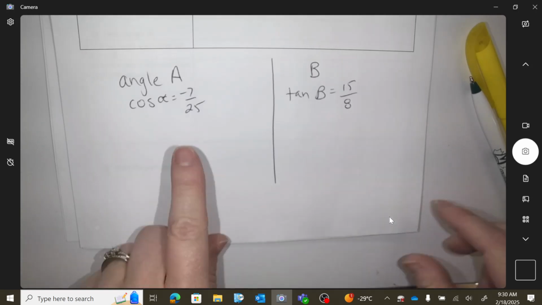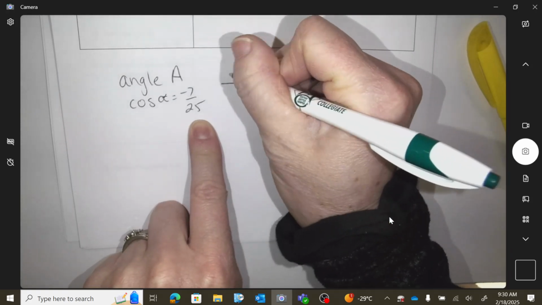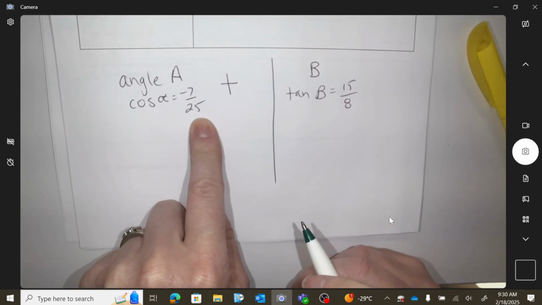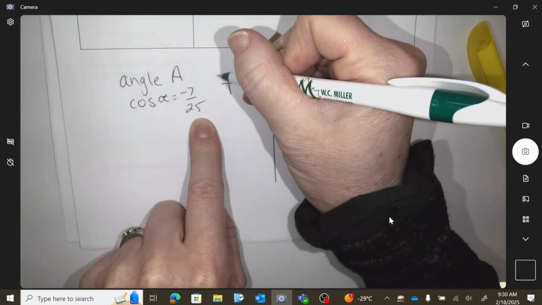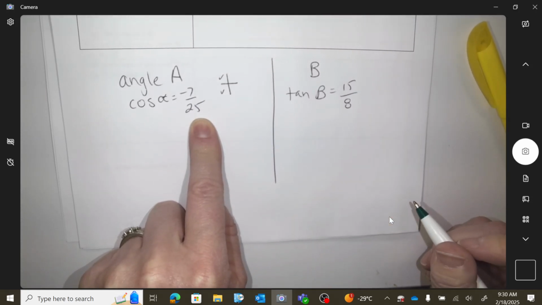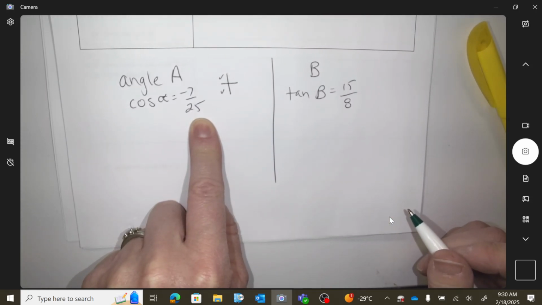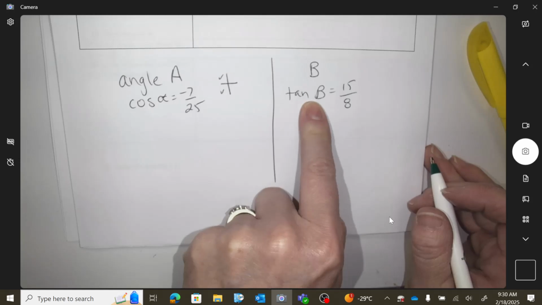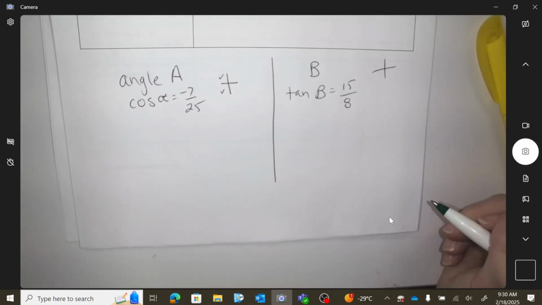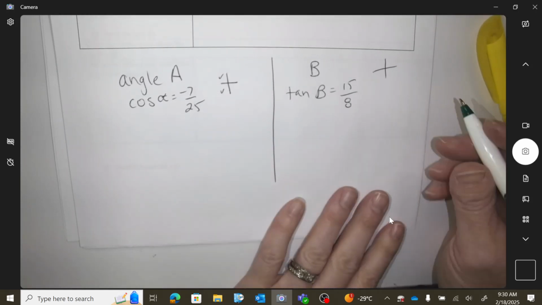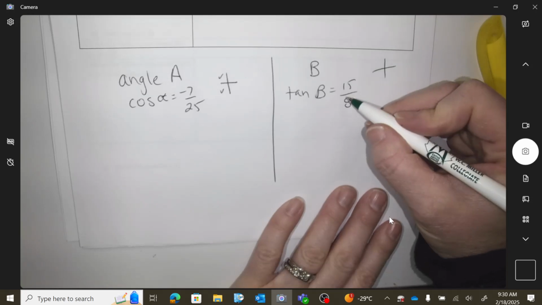So where could I potentially be if this one is cos negative? Anything to the left. Cos negative. Angle B, where could you have been? Tan positive.